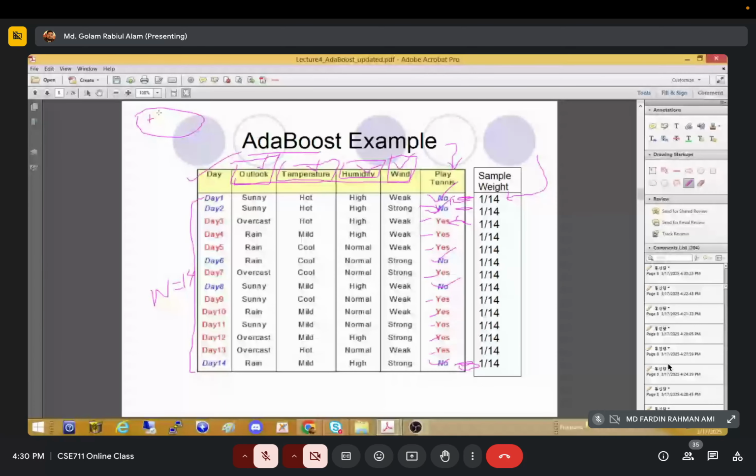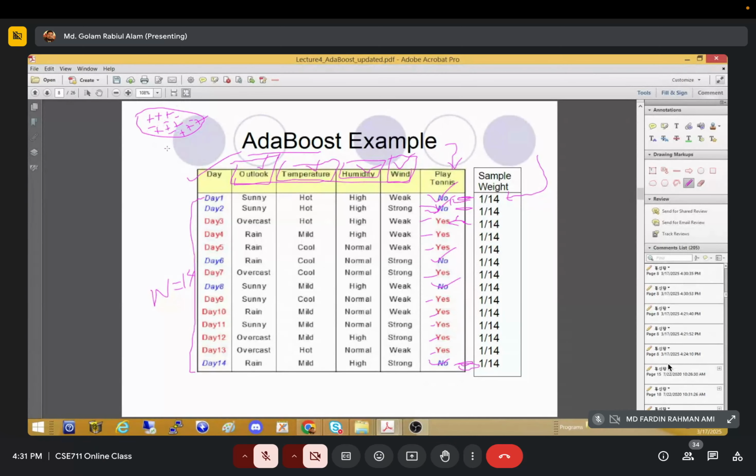So in our data set we have 9 positives and 5 negatives.